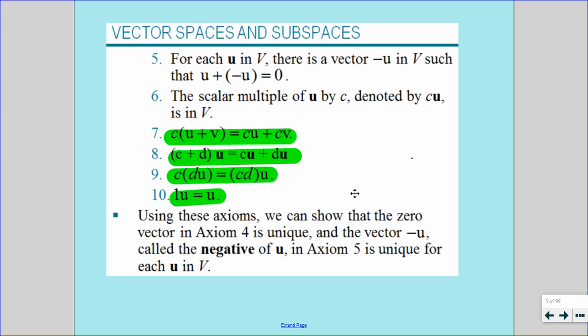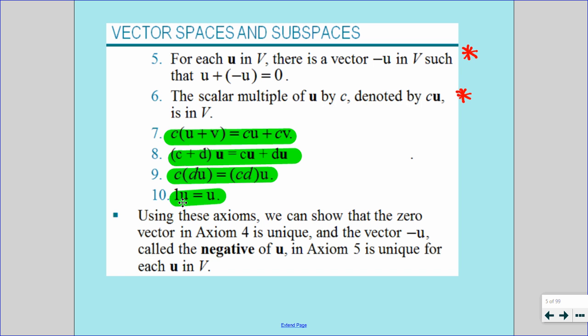So the things that aren't always true, and that you have to check to prove a vector space, are that the opposite of the vector is in the vector space. But really, that's going to have to be true if 6 is true. If 6 is true, meaning it is closed under scalar multiplication, then negative u has to be in it if u is in it, because that's just scalar multiplying by -1. So if 6 is true, you're going to have 5.